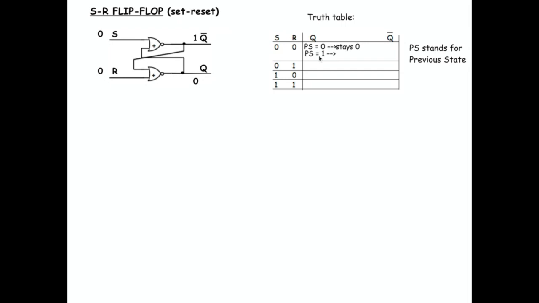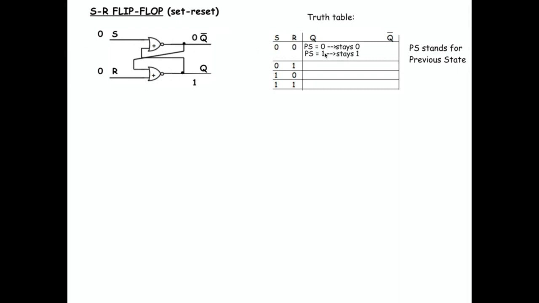So if the previous state of Q is 1, the current state of Q is also going to be 1. And then, so if Q is again 1, we go back. 1 or 0 is 1, complement of 1 is 0. So basically, if Q was 0, it stays 0, and Q complement stays 1. If Q was 1, Q stays 1, and complement of Q stays 0.